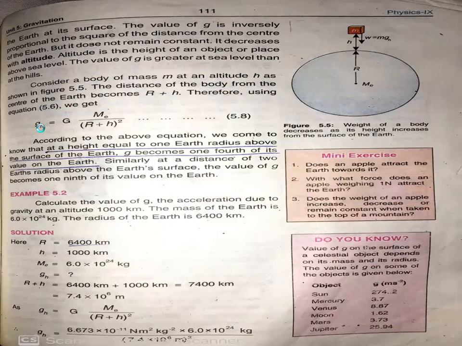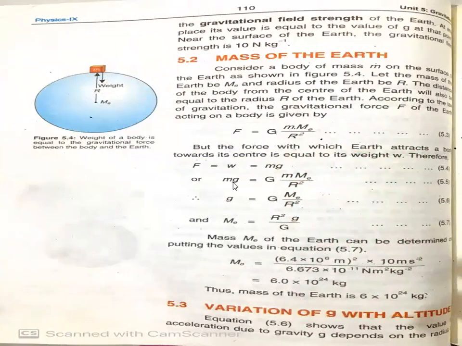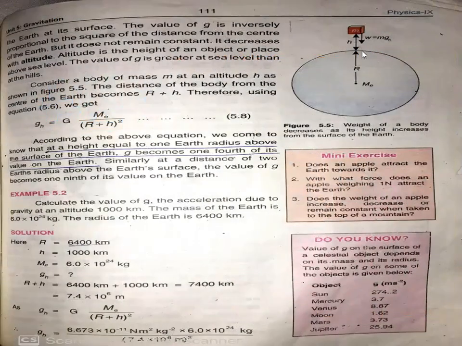As if we go back, I didn't write h because the body of mass m is lying on the surface of the earth. But in this case, this mass is at some height h. That's why equation 5.5 will change into gh is equal to G me over r plus h whole square.